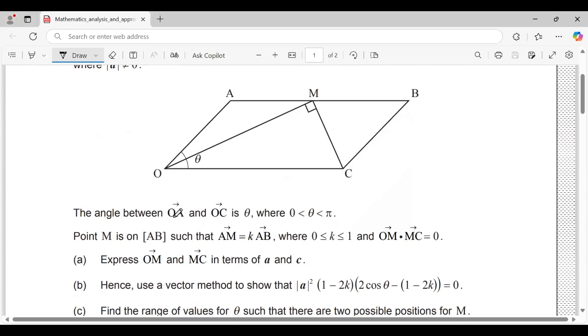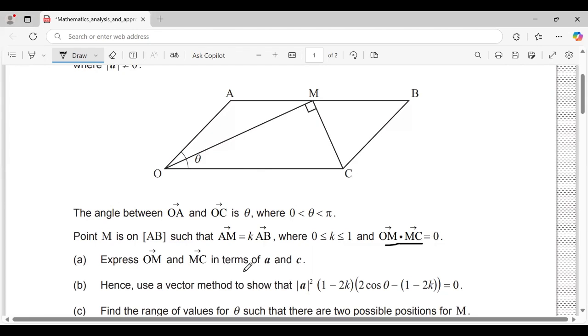The angle between vector OA and vector OC is theta, where theta is greater than 0 and less than pi. Point M is on line AB such that vector AM equals k times vector AB, where k is in the interval 0 to 1, and vector OM dot vector MC equals 0. This is orthogonal.